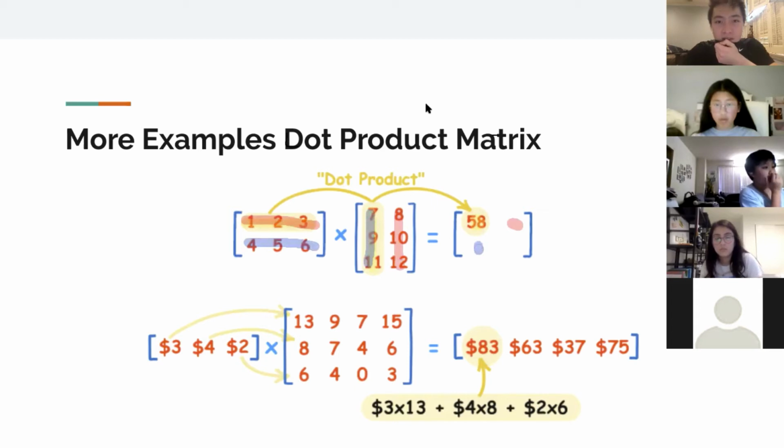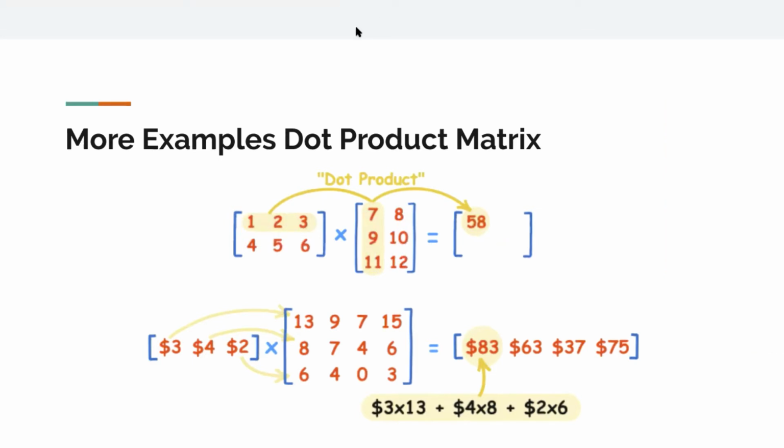And finally, if I do this row by this column, you get that spot. I'm going to quickly draw this out again, what this would look like. So you're doing this by this, gives you this, and then this by this gives you this.